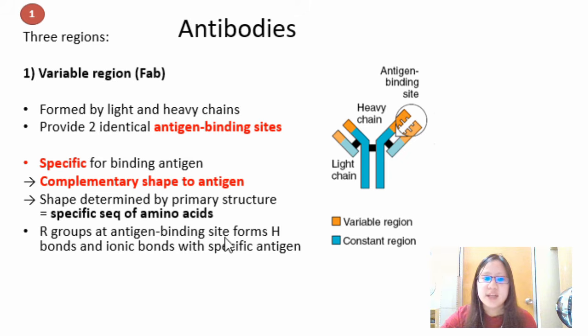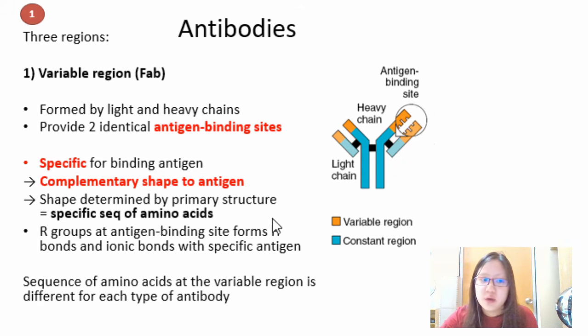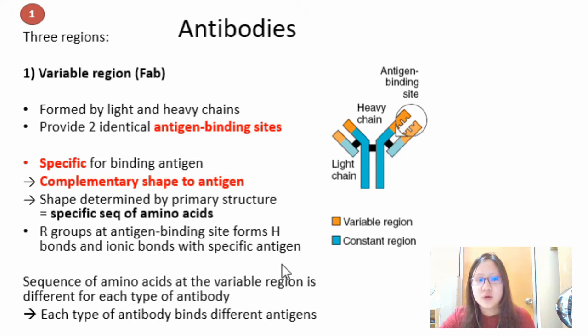The R groups at the antigen binding site would form hydrogen bonds and ionic bonds with the specific antigen that it binds to. Now, again, it's specific, which means that the sequence of amino acid at the variable region is different for each type of antibody. Each type of antibody would bind to different antigens. Again, one type of B cell, one type of antibody receptor, one type of antigen.